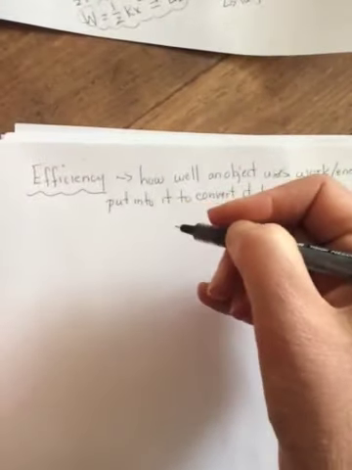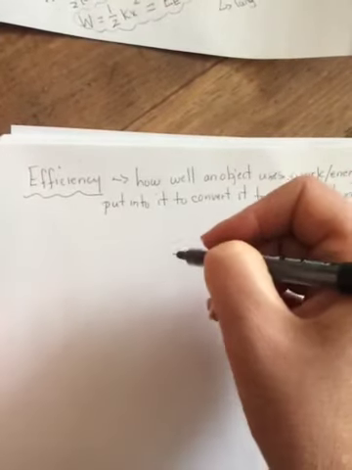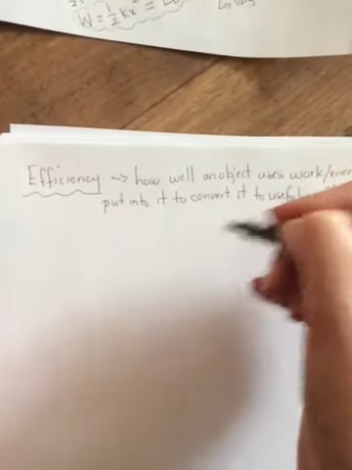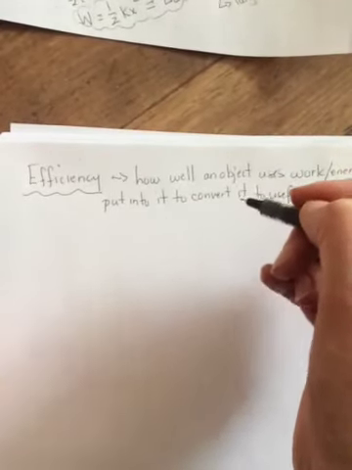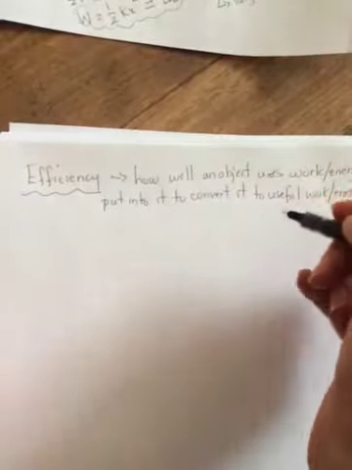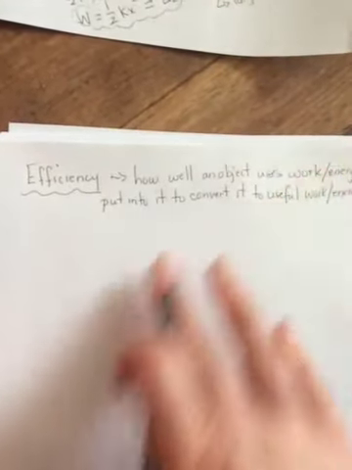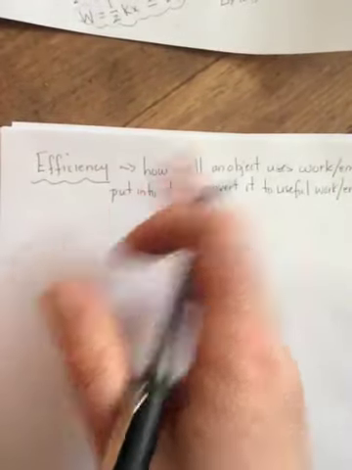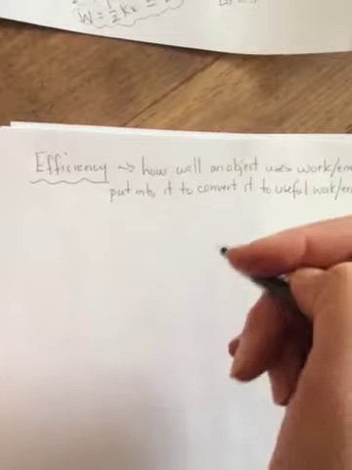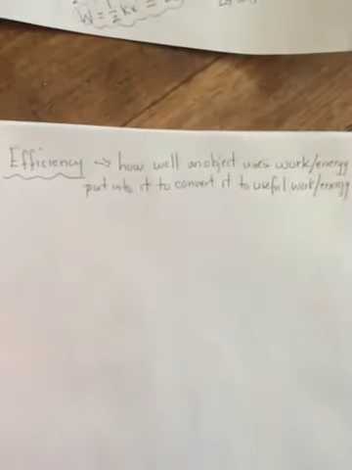You plug the microwave into the wall, so it's using electrical energy, and it's turning that electrical energy into heat energy to cook your food. If it was 100% efficient, then all the electrical energy would be converted into heat energy, but we know that isn't true. Okay, so when we talk about the efficiency of an appliance, it's like how well does it take the electrical energy and turn it into the energy that you're using.